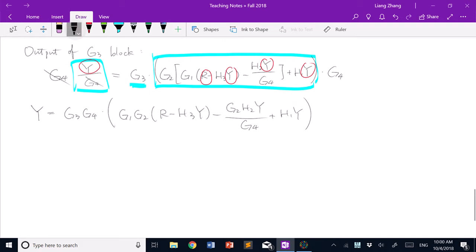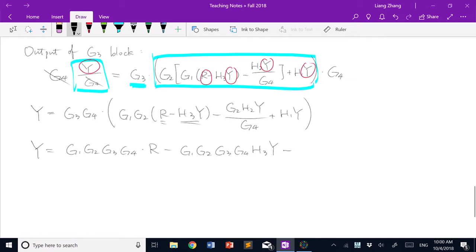Now if I do one more step, I'll multiply G3 G4 and distribute that to all the terms. I have Y on the left hand side still. Now I have G1, G2, G3, G4, all four of them multiplied by R. So that's our first term. And then minus G1, G2, G3, G4, H3Y for the second term.